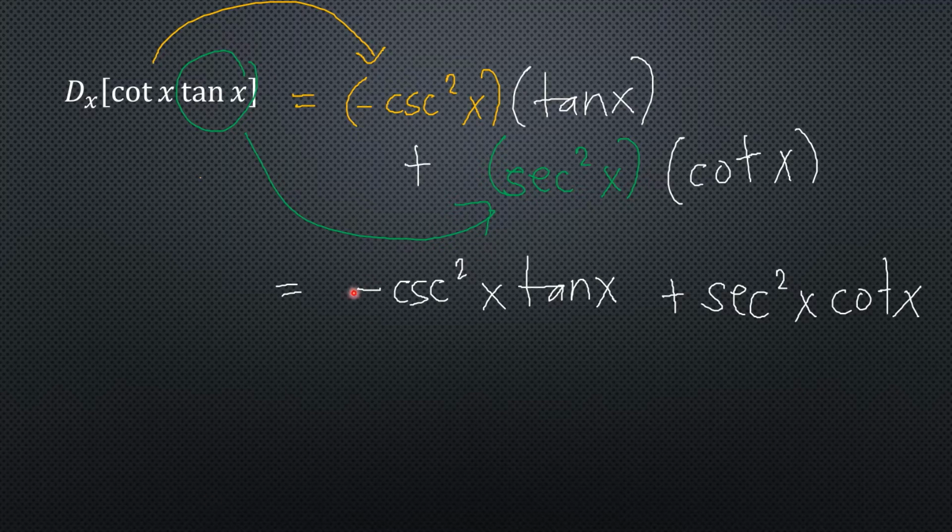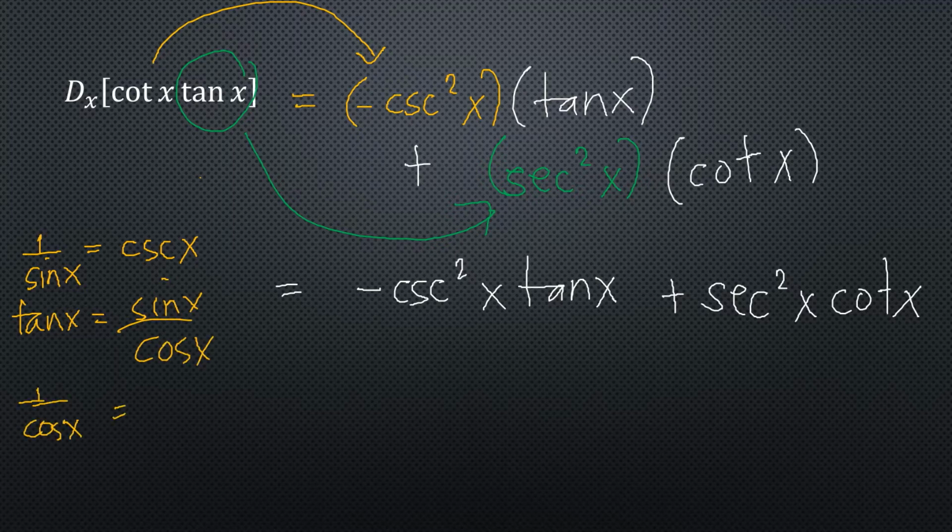And since here you cannot observe any like terms, you can also make use of the Pythagorean identities here. We know that tangent x is equal to sine x over cosine x, 1 over cosine x is equal to secant x, and cotangent x is equal to cosine x over sine x.